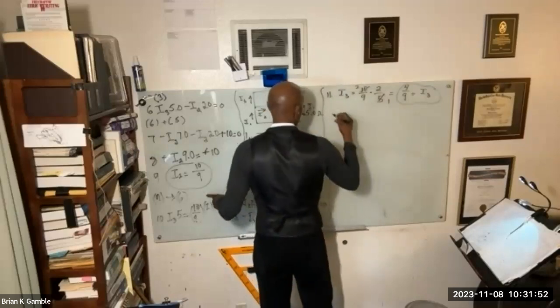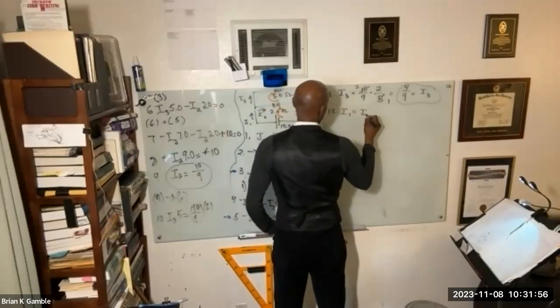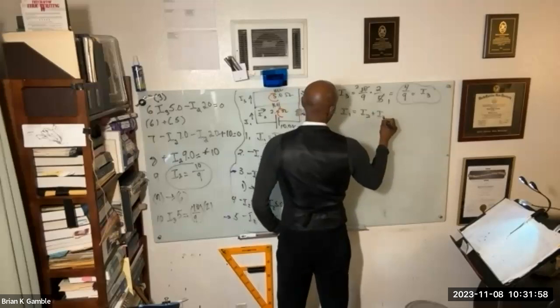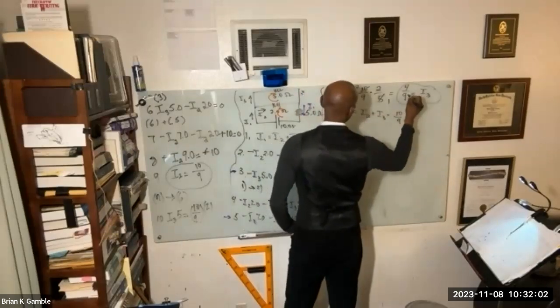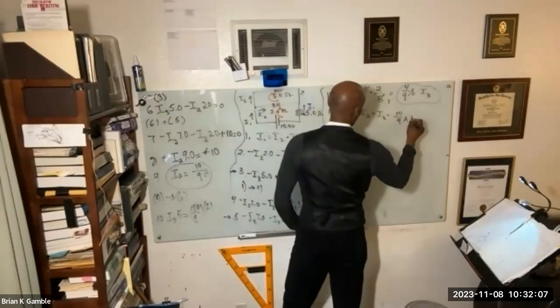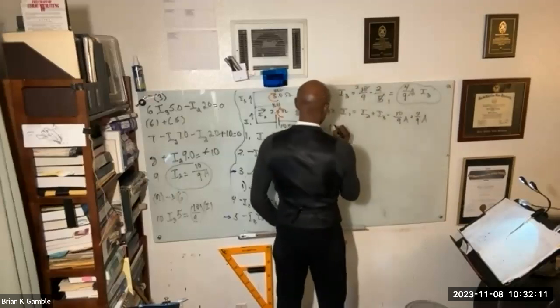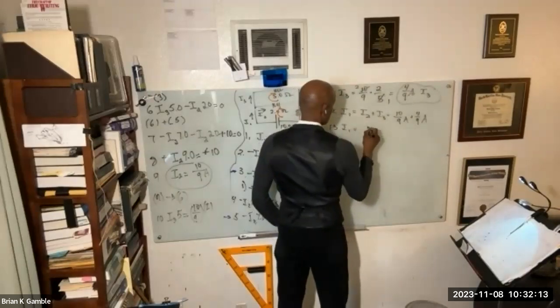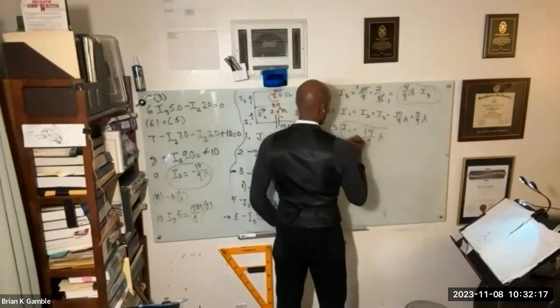And so I1 then, well, I1 is going to be equal to I2 plus I3, which is 10 ninths amps plus 4 ninths amps. So I1 is equal to 14 ninths amps.